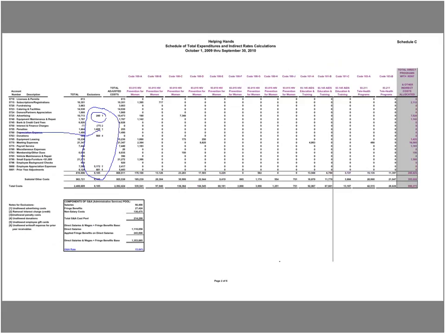This may have been not related to program, but advertising of a general nature. Donations to like the Salvation Army would be unallowable. I don't know what's in the employee appreciation. That may have been something that wasn't permitted. And then, of course, they had a prior adjustment. And costs have to fit within the right period. So if you had costs that related to a different period than the period you're trying to set your rates for, 2010, they would be removed.